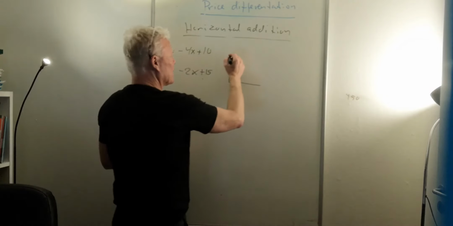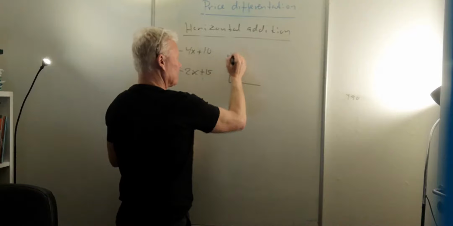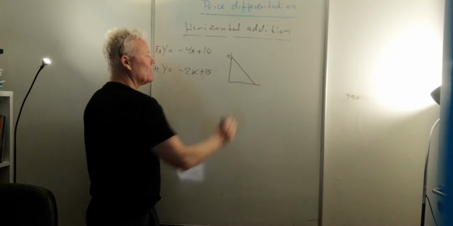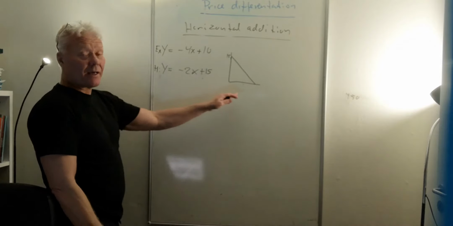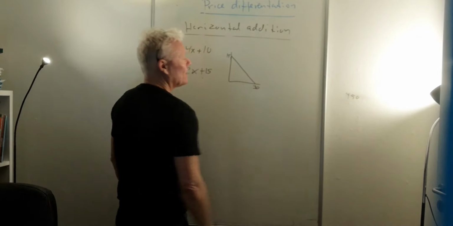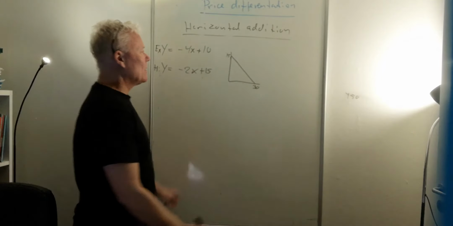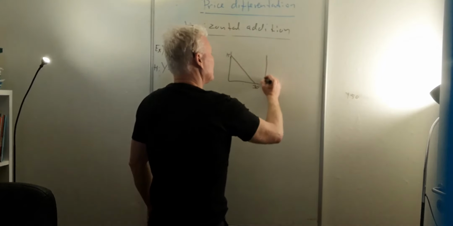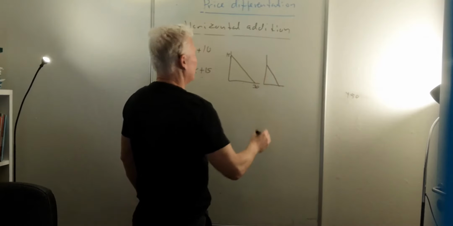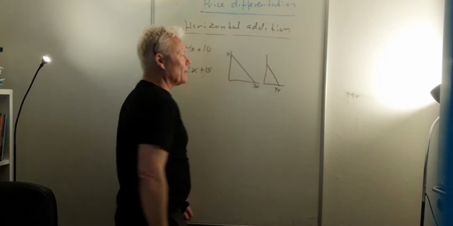So this one starts at a price of 15, and as the price goes down, you will end up at a price of 0, selling 30 units. And then the other one starts at 10 and ends up at 40.